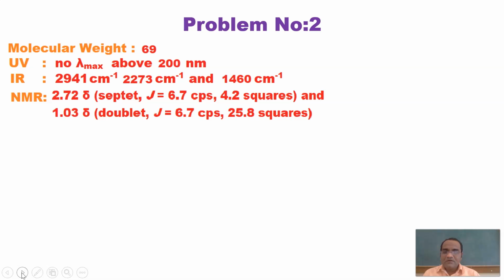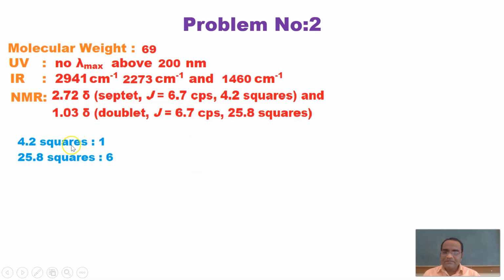J values are similar for both, 6.7 cps for the first signal and the second signal also, and 4.2 squares for the first signal. After that the second signal is 1.03 delta, a doublet with the same J value as the first one, and then 25.8 squares.